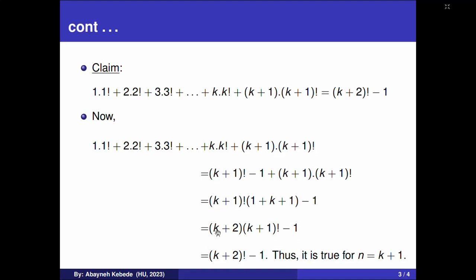As a result, the expression (k plus 2) times (k plus 1) factorial minus 1 becomes (k plus 2) factorial minus 1. This is the required result. Thus, we can say that this is true for n equals k plus 1.